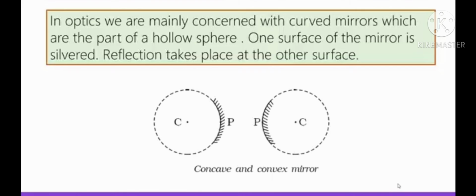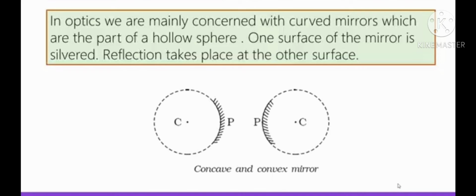In the same way, we can make the spherical mirrors. If we want to make the concave mirror by using the spherical surface, then we have to silver the convex surface of the spherical surface.